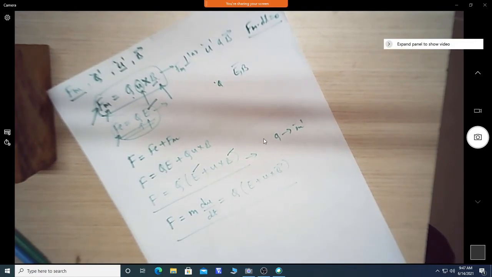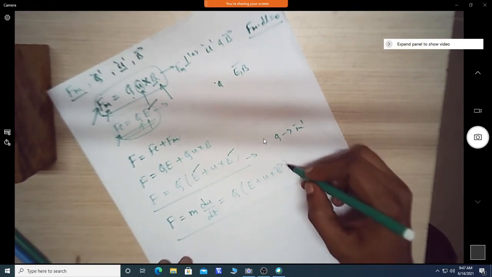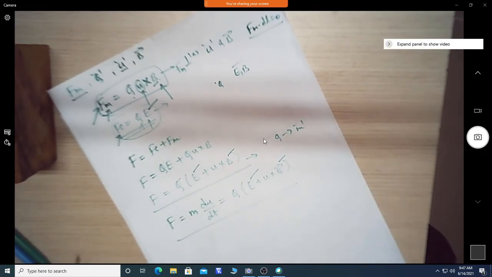This equation is important in determining the motion of the charged particle in the presence of E and B.